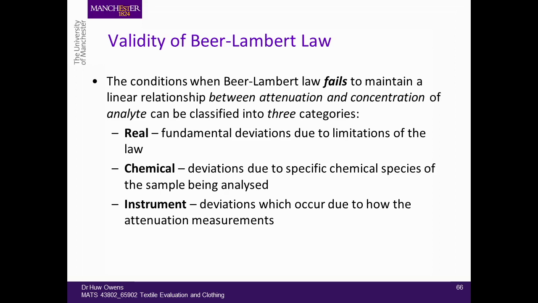Okay. Everybody expects the relationship to be linear all the time, and it isn't necessarily. There can be times when it fails. Generally, for the dyes that you guys will use, it's not a problem. But the law is very simple, and it can fall down for three real main reasons.